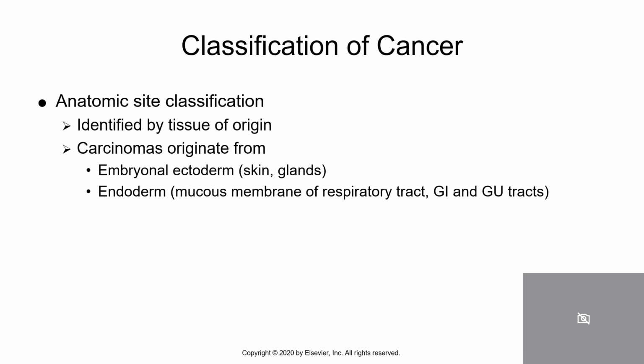When classifying a tumor based on its anatomic site, you're identifying that tumor by the tissue of origin. Where did this tumor originate from? Carcinomas can originate from the skin or glands, which is considered the embryonal ectoderm. They can arise from mucous membranes of the respiratory tract or the GI and GU tract, which would be endoderm.